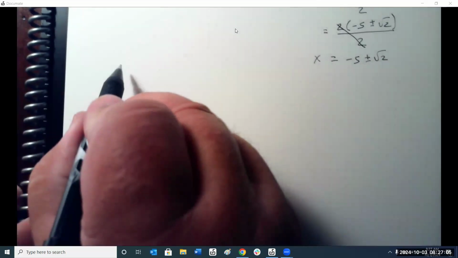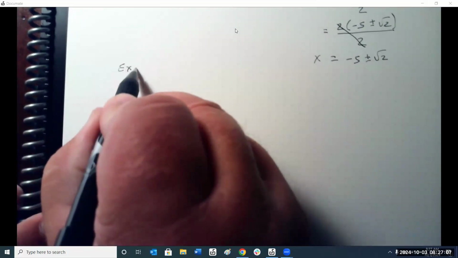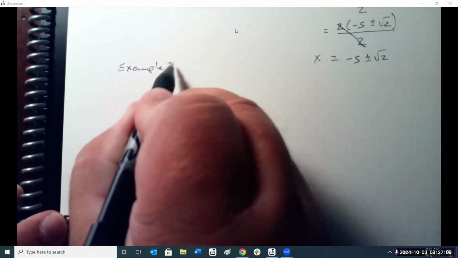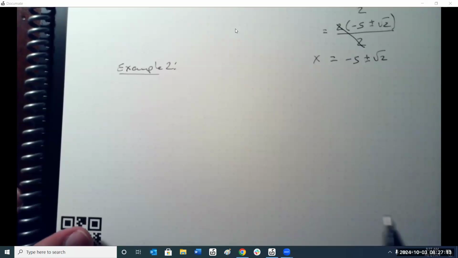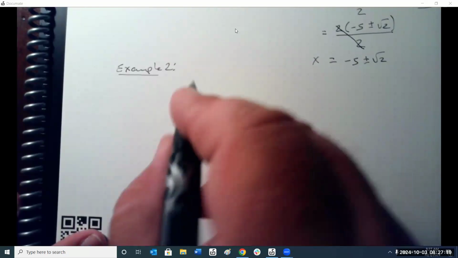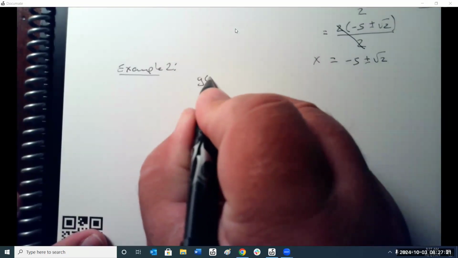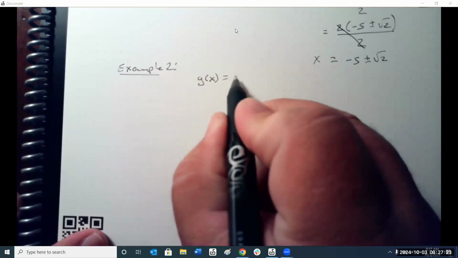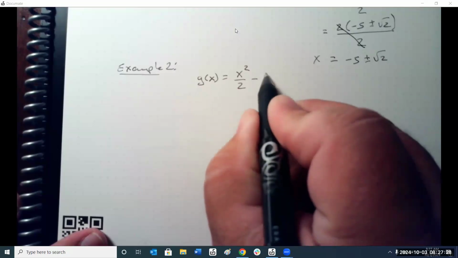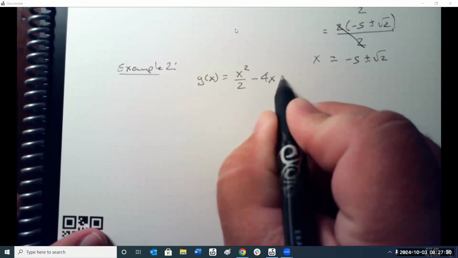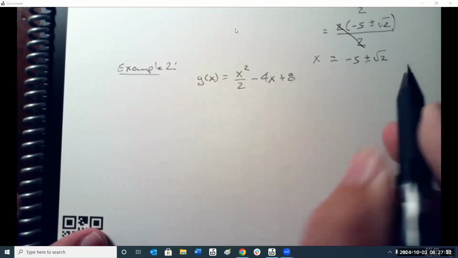All right, let's look at example 2. We're going to find the same things. We're going to find the vertex, the axis of symmetry, and is it a maximum or minimum? Our function here, g of x equals x squared over 2 minus 4x plus 8.